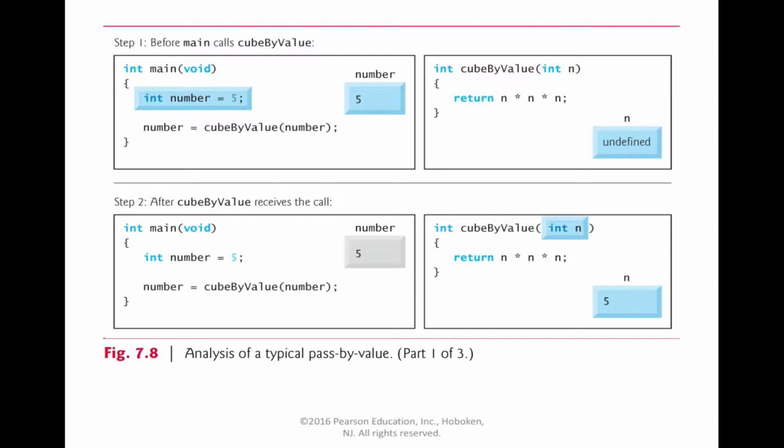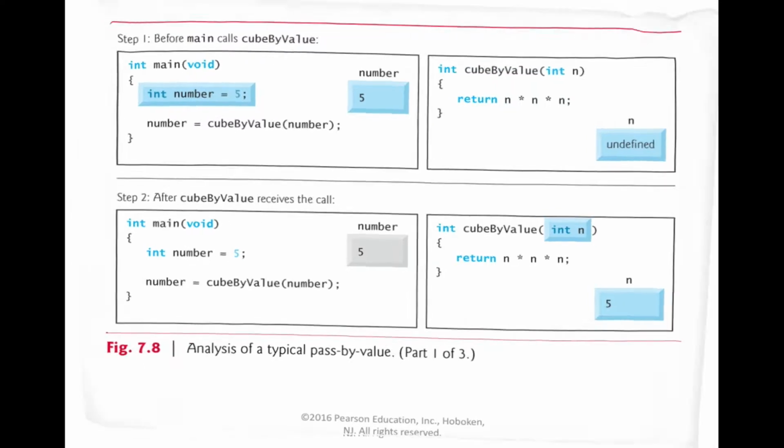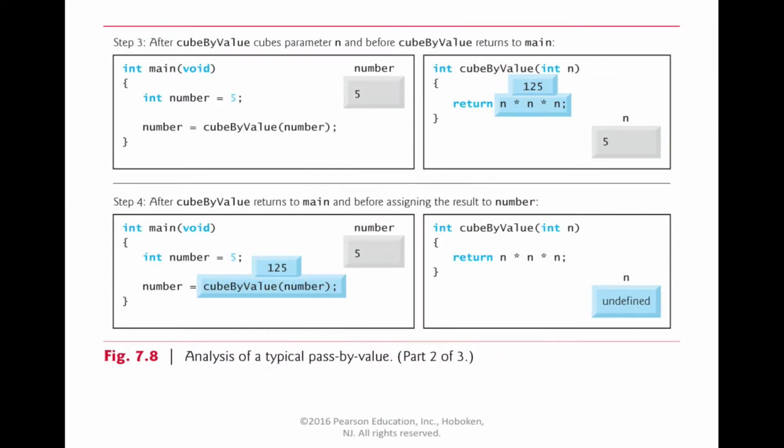When we call cube by value, 5 gets passed into it, so n now has the value of 5. After cube by value cubes the parameter n, so we multiply n by n by n, we get 125. We return that value. Back over in main, number is still 5.